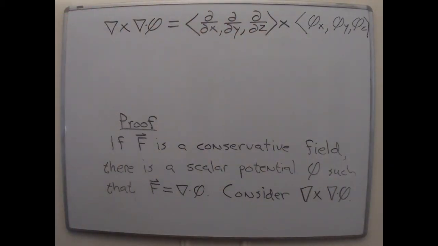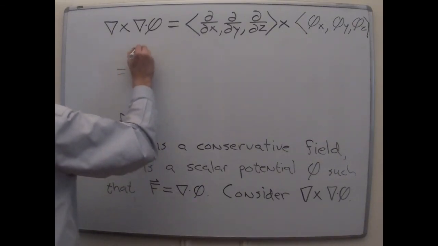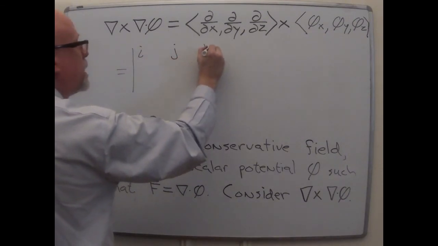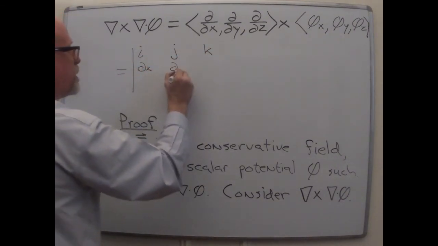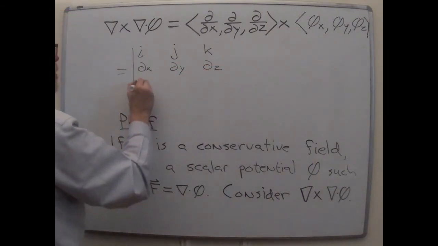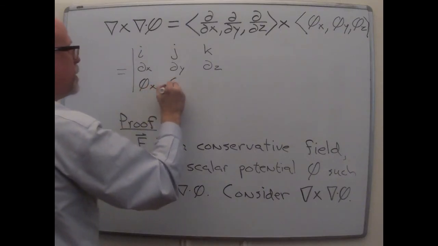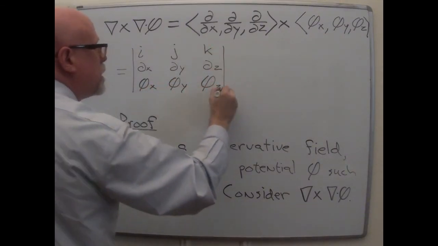All right, so let's see about computing that cross product. I, J, and K. I better stick the shorthand versions in here because the other ones were too big. And then we have phi sub x, phi sub y, and phi sub z.